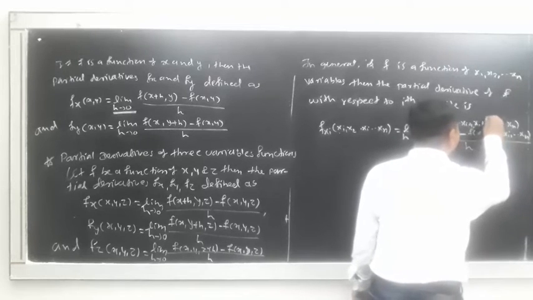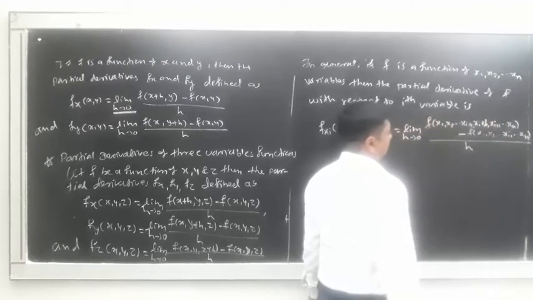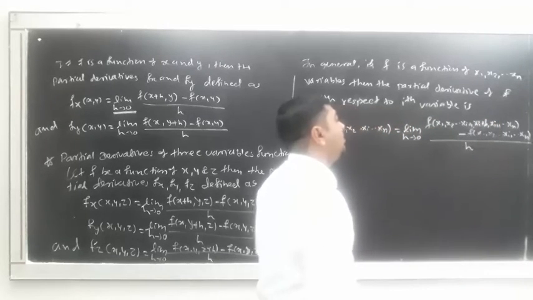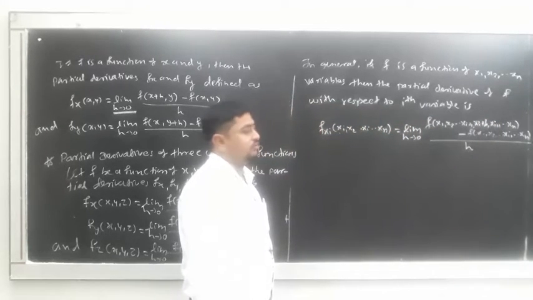So there is a change in only the ith variable, and the remaining variables are constant.